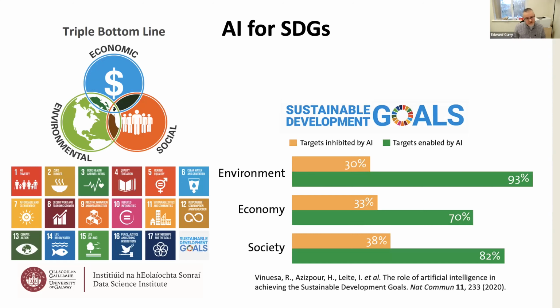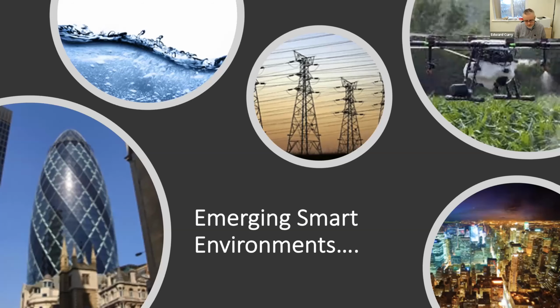What we can see here is overall, there's a lot of opportunity for AI to improve sustainable development and the triple bottom line that we have. We can also look at how AI can improve our smart environments, whether it's buildings, agriculture, or energy, smart cities, and water environments. And there's been a lot of work that's actually been able to identify that.